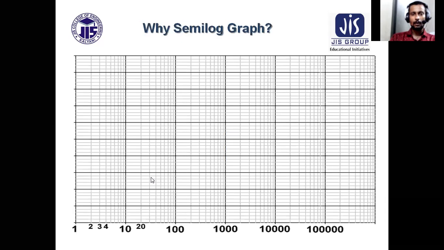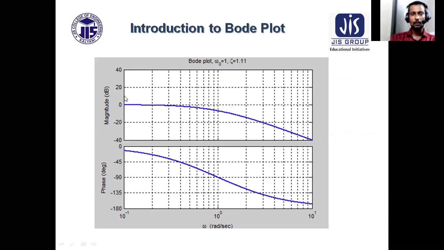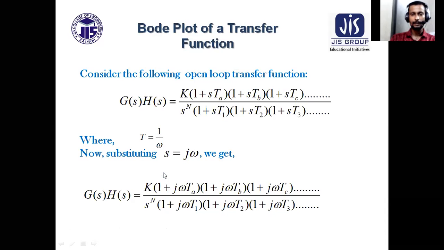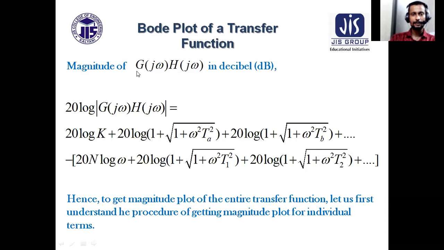Now in the Bode plot method, we need to get a magnitude plot, that is magnitude in decibel, and phase angle in degree. So let us try to get the magnitude of this transfer function in decibel.